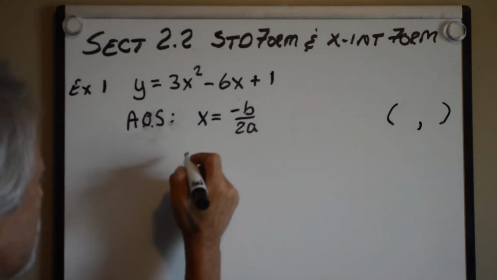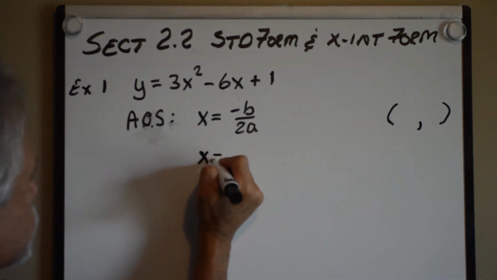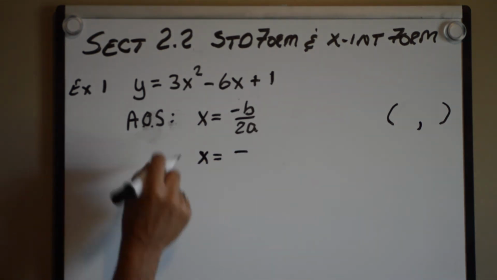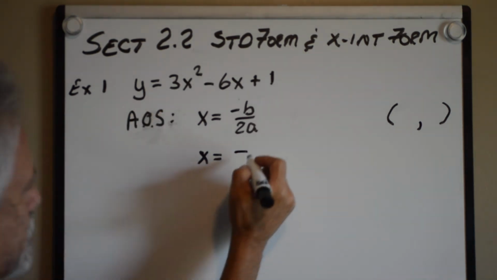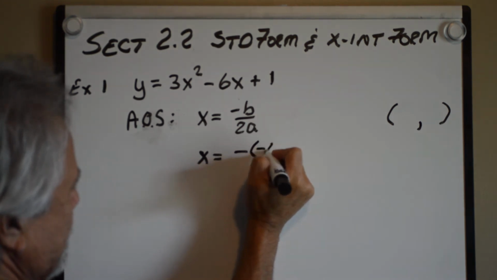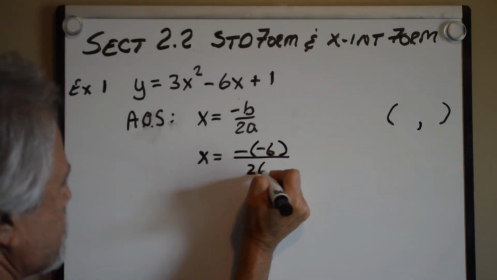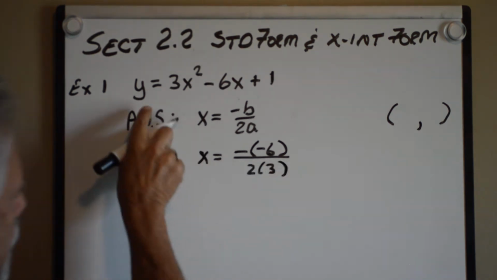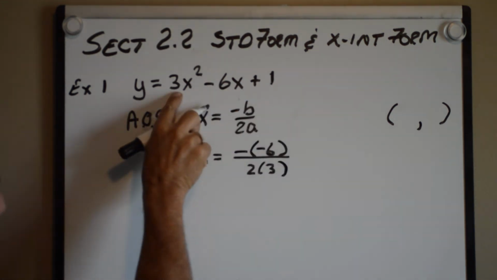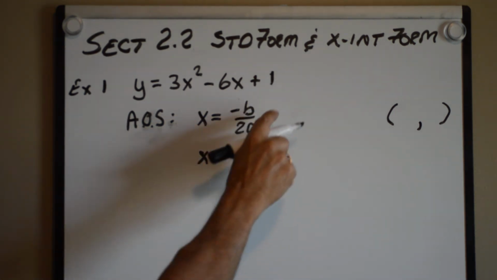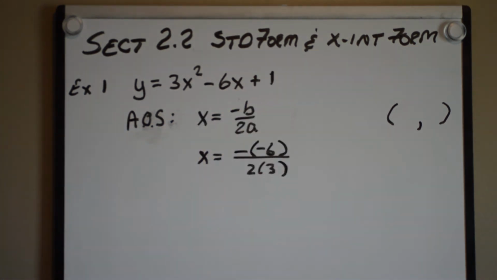So in this problem, I have x is equal to, my formula says a negative, and then my equation has a negative b. So it's a negative 6 all over 2 times my a, which is 3. Just using these forms, this is a, that's b, and that's c. Remember, c is not part of the vertex.